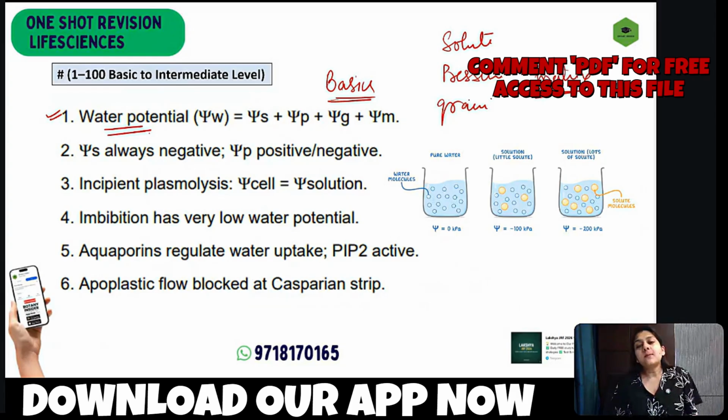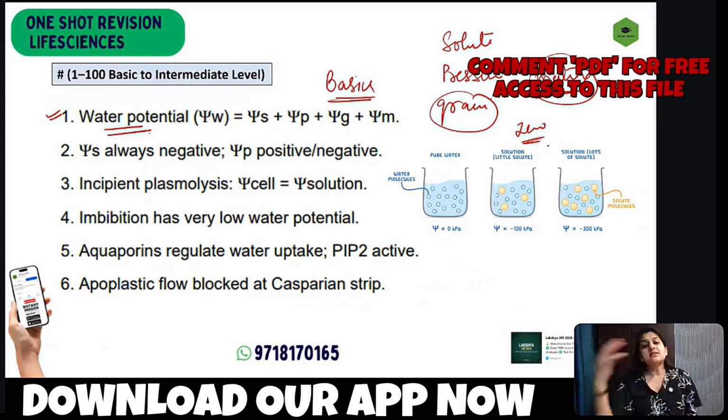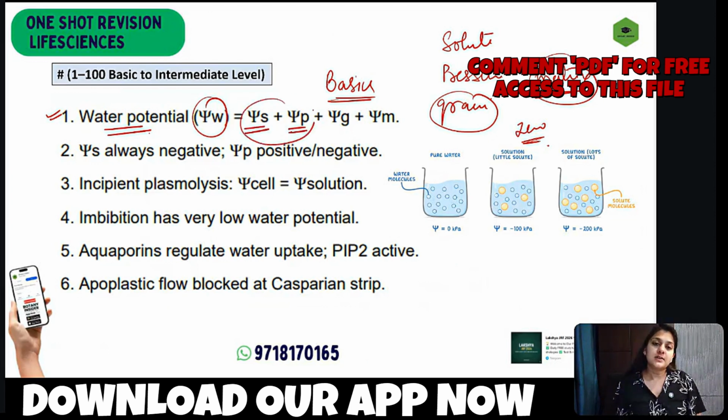In this, the gravitational potential and your matrix potential are taken as almost negligible or zero. So as a result, water potential's final formula turns out to be the summation of the solute potential and your pressure potential, because these two are almost negligible.